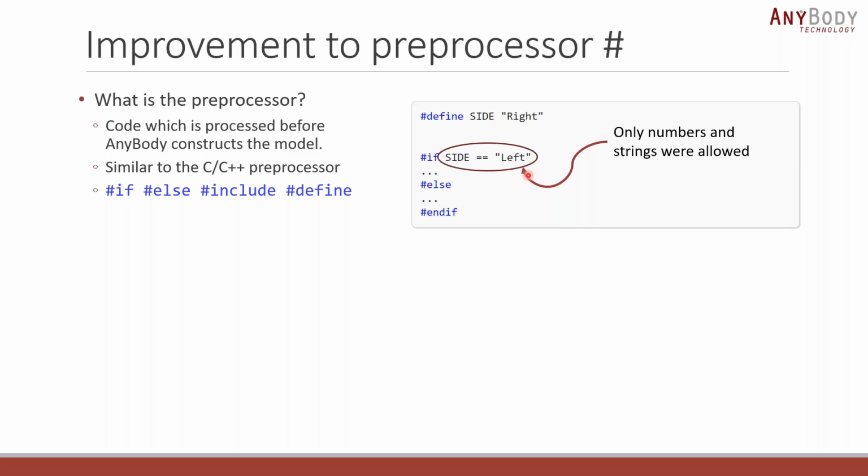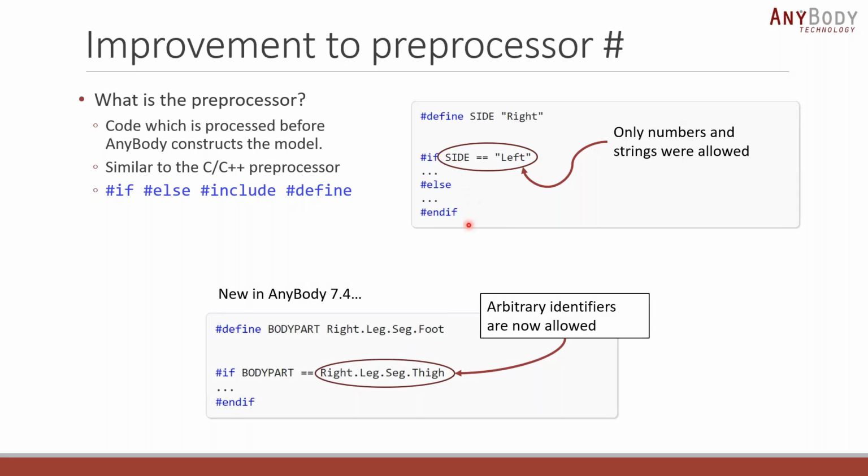Previously you were only allowed to use numbers and strings in these comparisons, but that has changed in version 7.4 of AnyBody. So now arbitrary identifiers can be used, and that might seem like a very small thing, but for us who build these kind of models, it actually means a lot, and it makes it a lot easier to structure the models and to get the logic right.